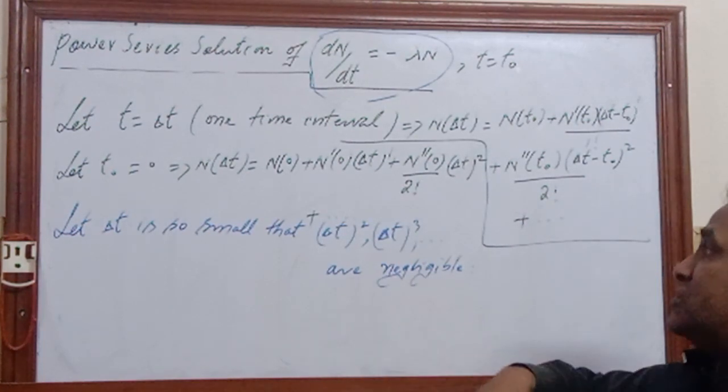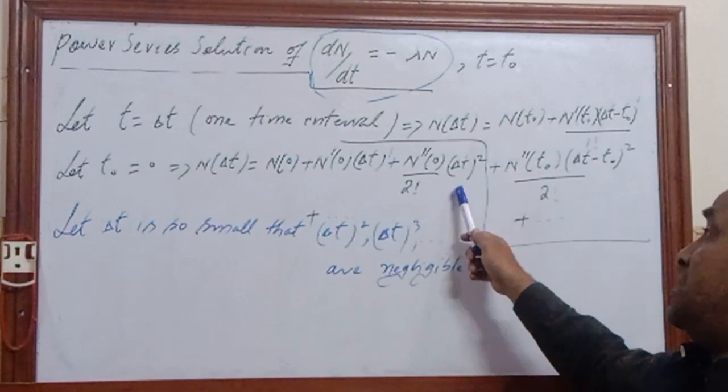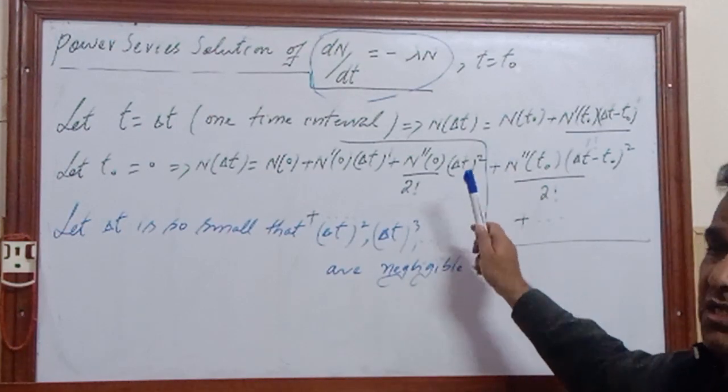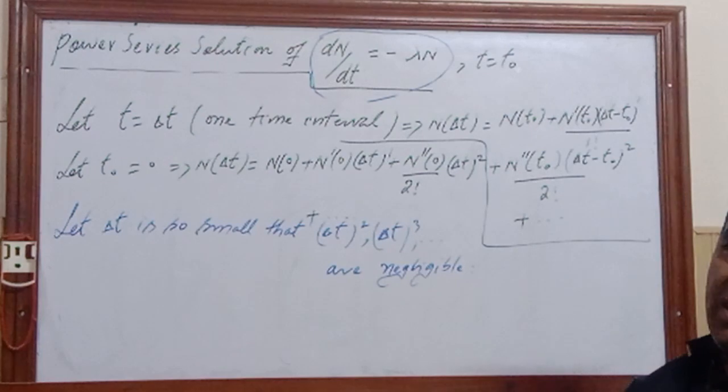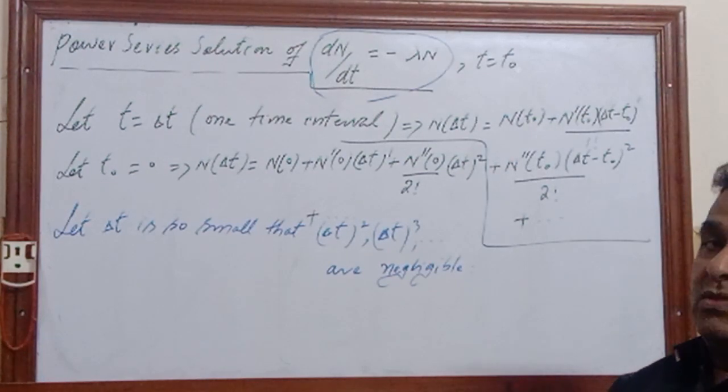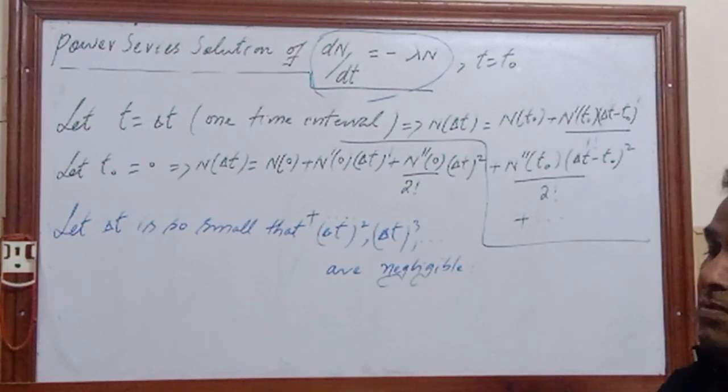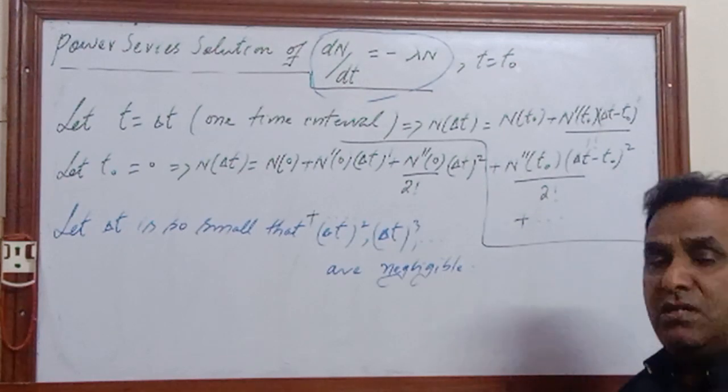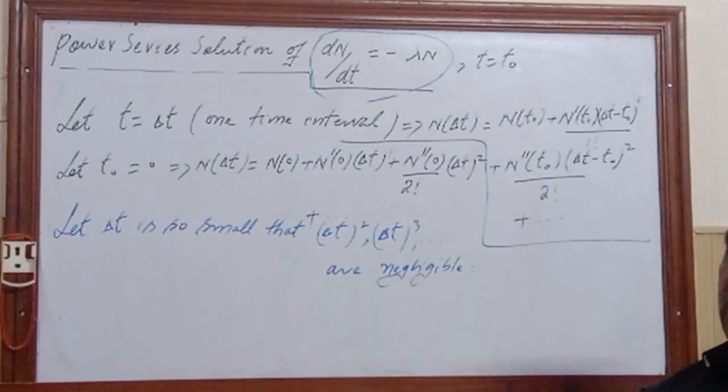Due to this approximation, those terms which have delta t to the power 2 or its higher powers can be assumed to be negligible. And this approximation is called truncation. In the truncation approximation, we ignore a certain number of terms of an infinite series in order to convert it into a finite series.